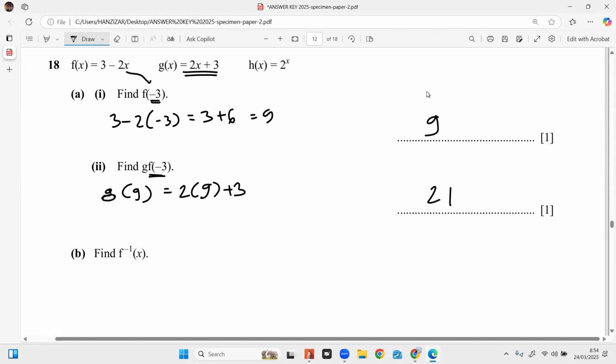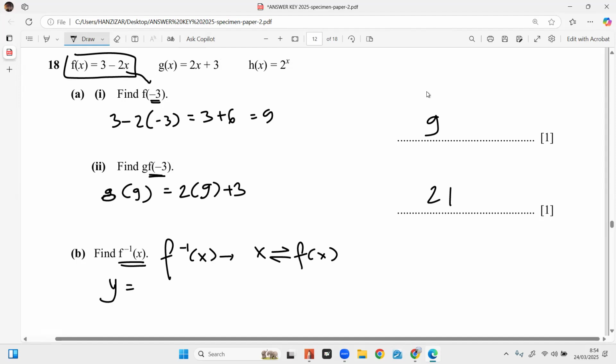There you go. Part B, okay, I admit that this needs a bit of working. F inverse, actually you are substituting x and the fx, right? So the f first: 3 minus 2x. You put y equals 3 minus 2x.